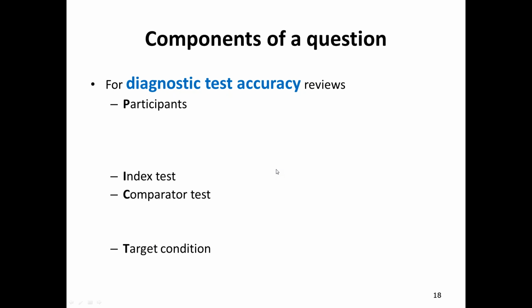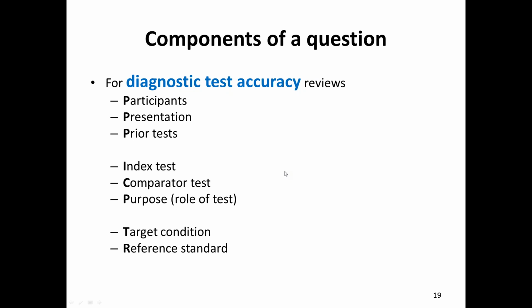And we actually expand this question a little bit. So we can actually think the participants, when you're looking at using a diagnostic test, they can differ in terms of what's the presentation. So sometimes we'll be using a test in people who are asymptomatic. So if we're using a test to screen for disease, we'll be expecting to recruit participants who are asymptomatic. They have no symptoms.